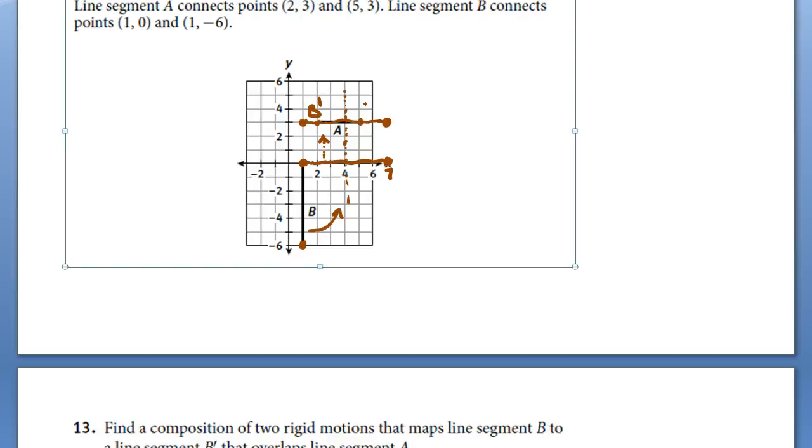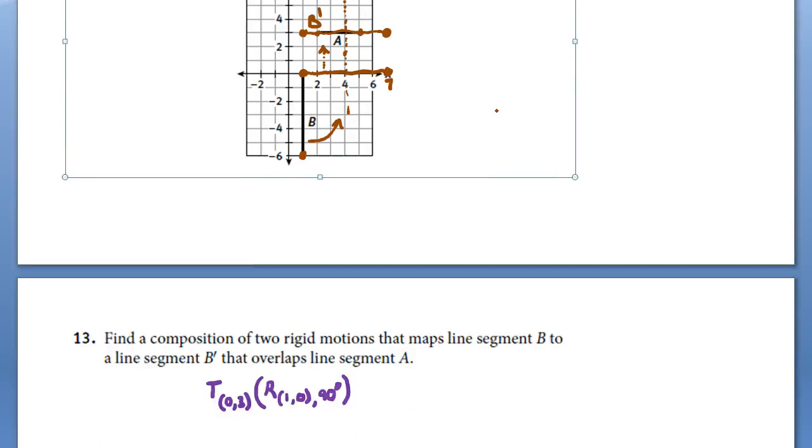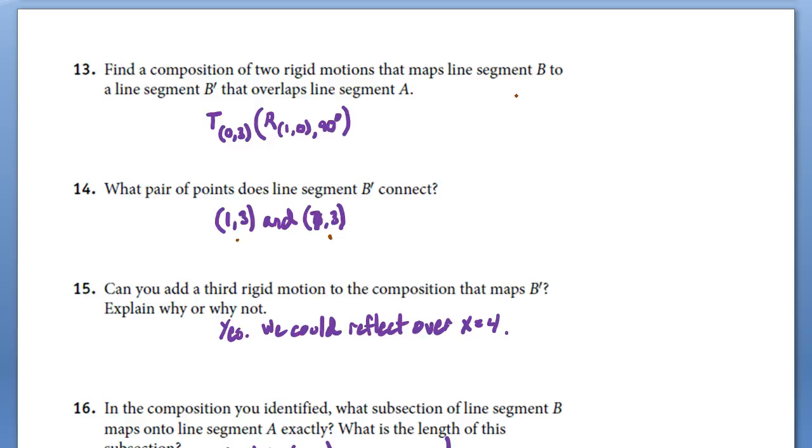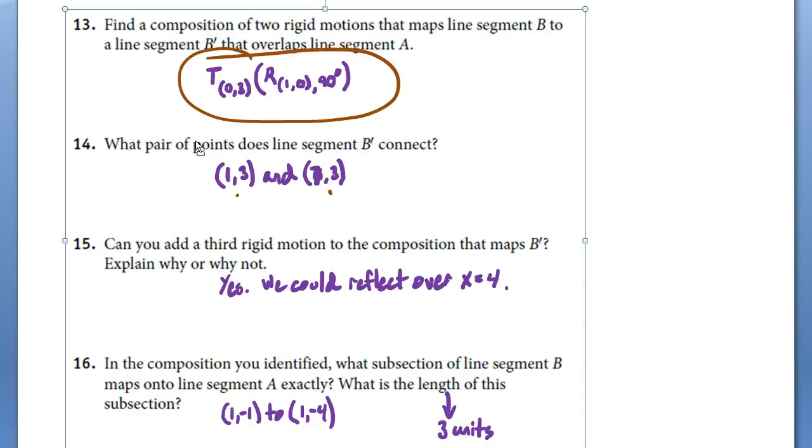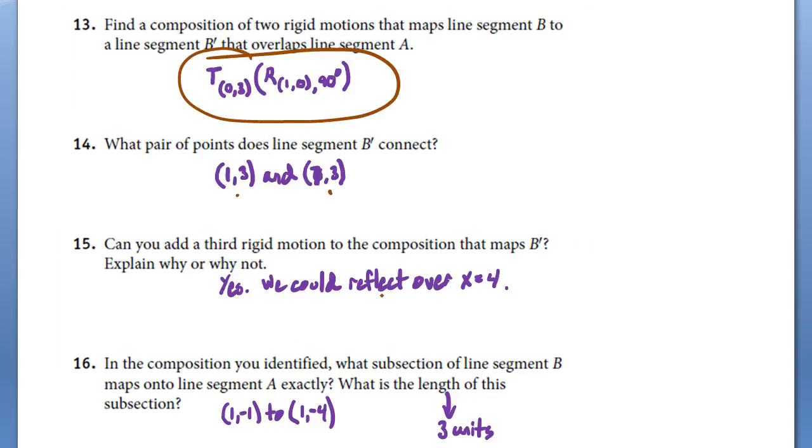Can you visualize that? And so it is possible to add one more transformation to our series that we had created there. We could reflect over the line x equals 4.